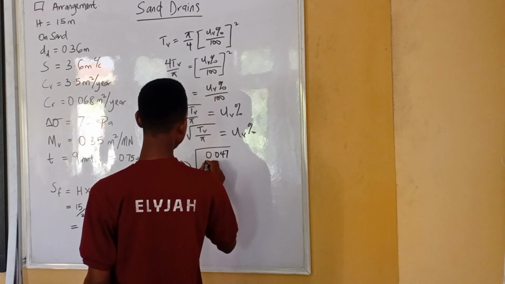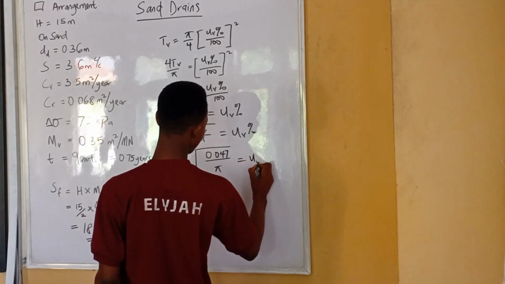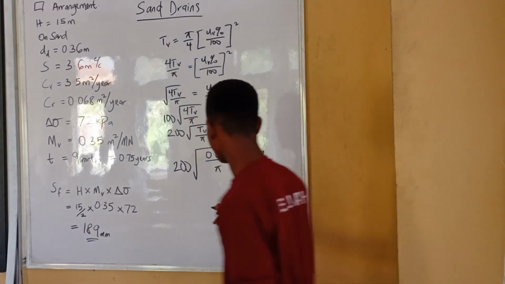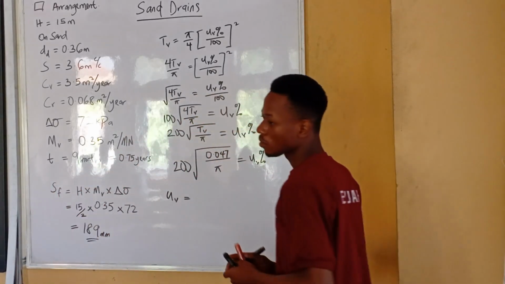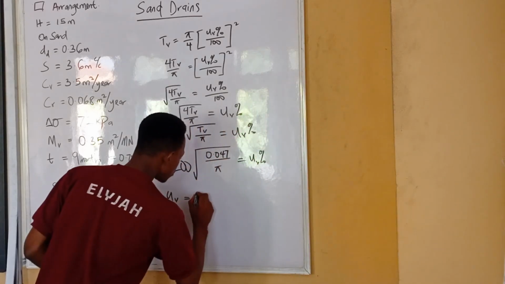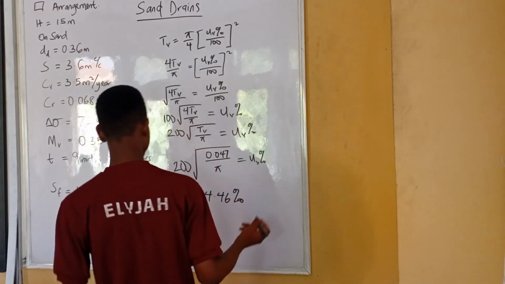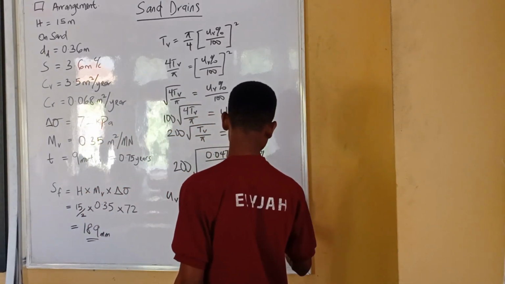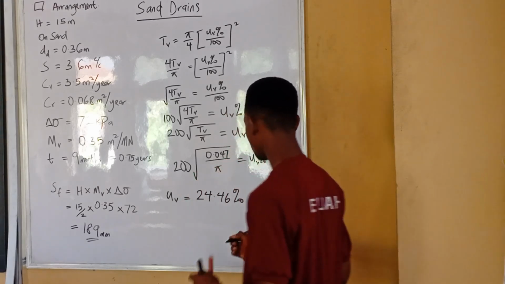So 200 square root of 0.047 divided by pi equals UV. Simplifying this, our UV is 24.46%, or 0.2446 if you are not using percentage.